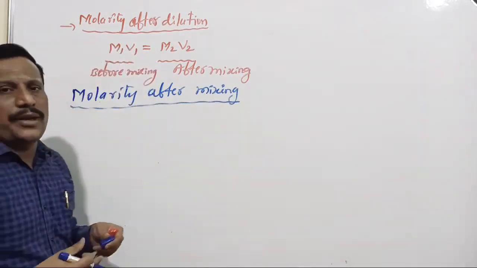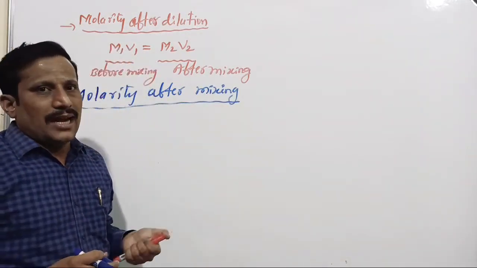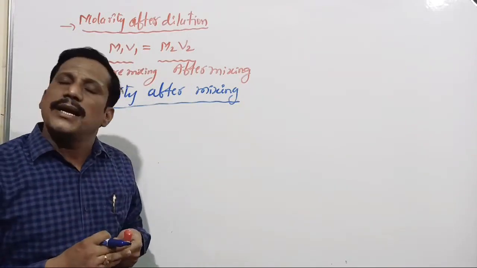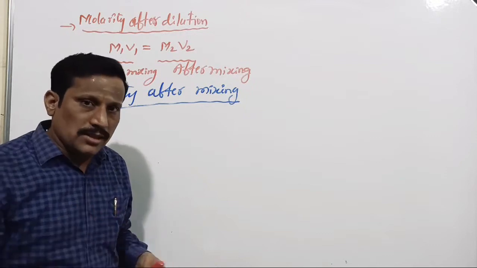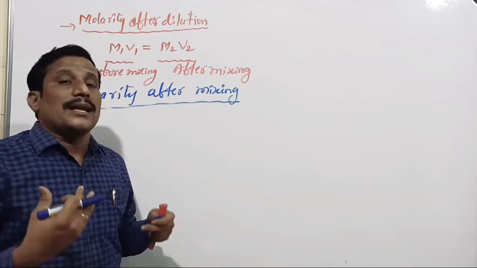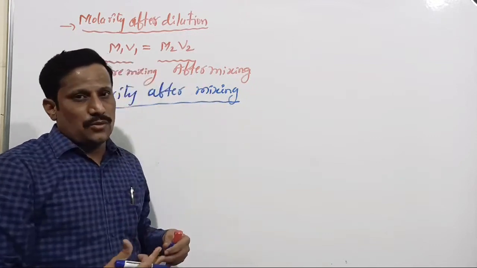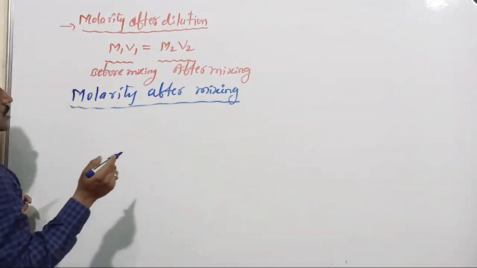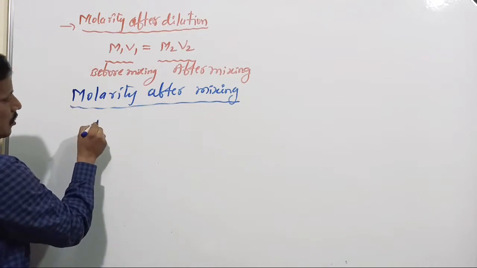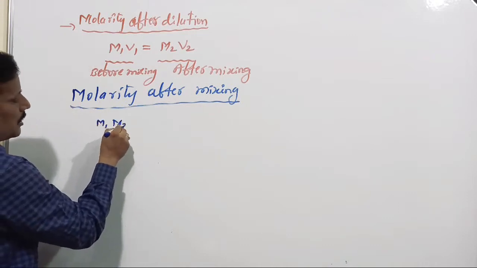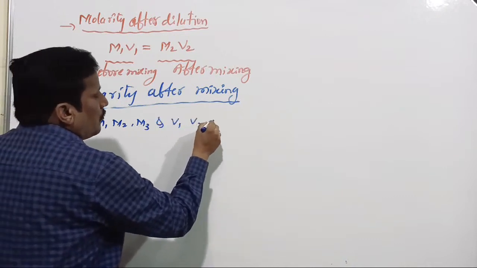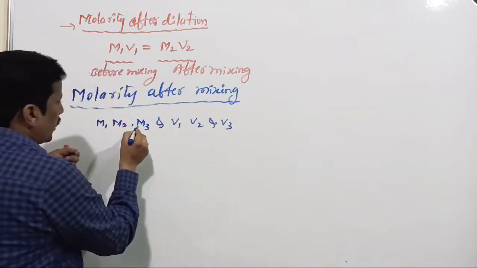Think that we have three solutions of different concentration and different volume. What is the molarity of the net solution? That is what we have to calculate. Let us say we have three solutions having molarities M1, M2, M3 and volumes V1, V2 and V3.